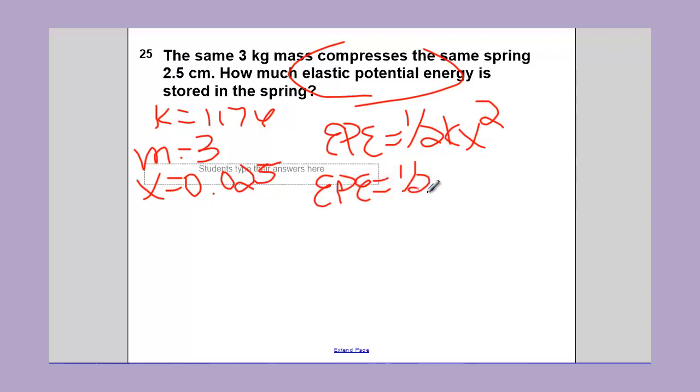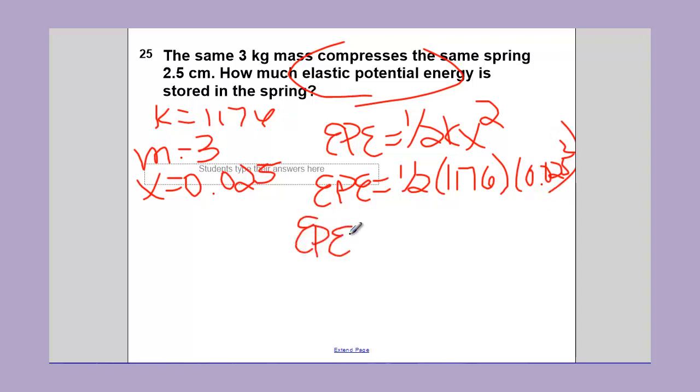So we've got 1/2 times 1176 times 0.025 squared. So we are going to get 0.368 joules.